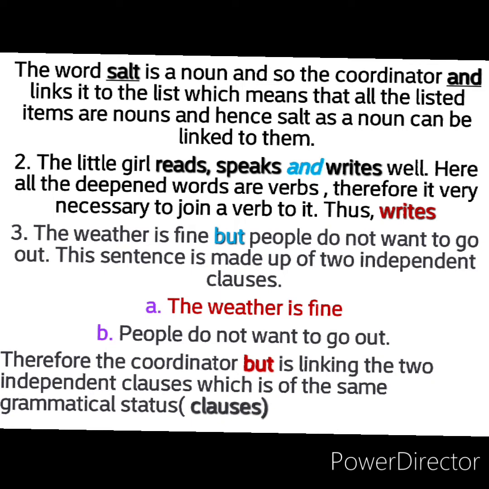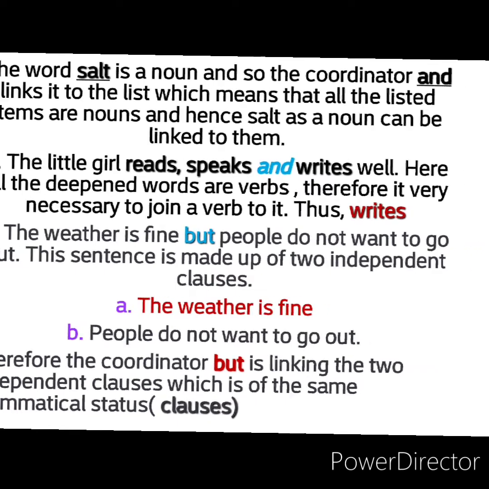Therefore, the coordinator 'but' is linking the two independent clauses, which are of the same grammatical status, that is clauses. Because they are both independent clauses, we use 'but' as a coordinator to join those two sentences together. Hope it is clear. Okay, let's move on to the next example.